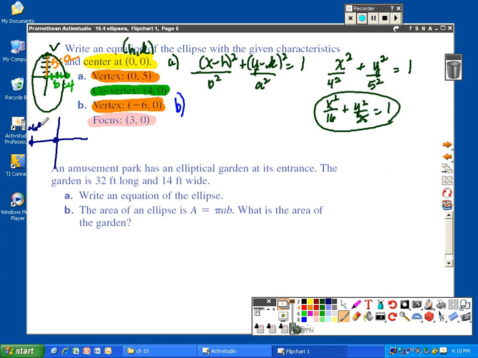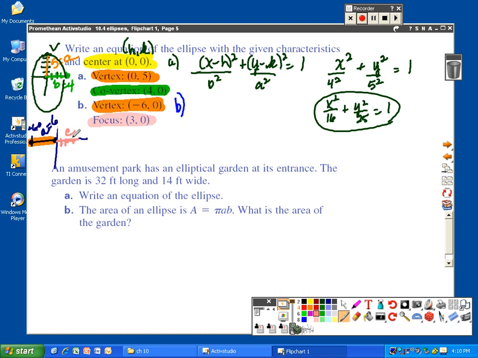So this distance is a, since it's my vertex, and a is 6. My focus is (3, 0). So this distance is b? Nope. It's my focus, not my co-vertex. So this distance is c.